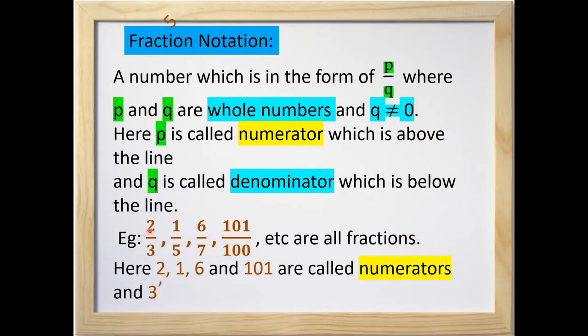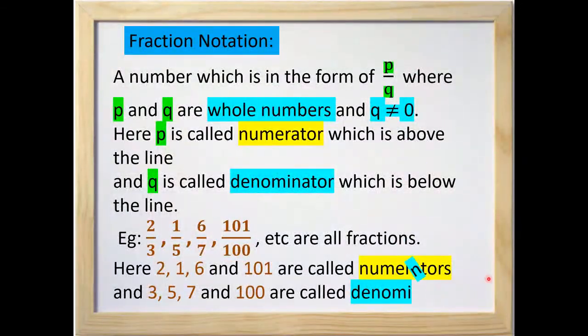But what are 2, 1, 6 and 101 called? 2, 1, 6 and 101 are called numerators, and 3, 5, 7, 100 are called denominators. Did you all understand children? So what is a fraction? A number which is in the form of P by Q, where P and Q are whole numbers and Q is not equal to 0.